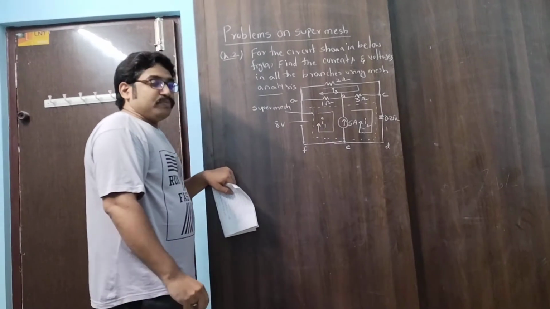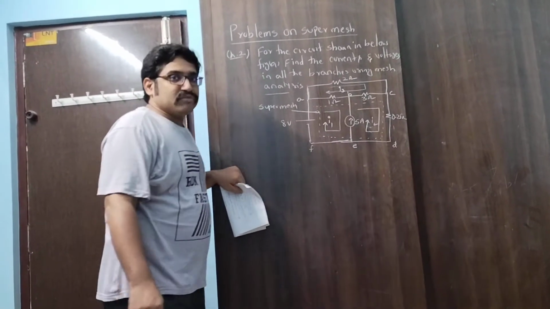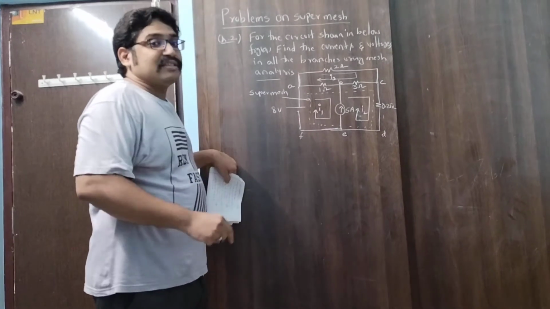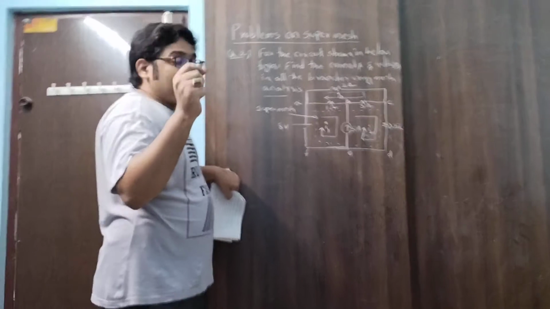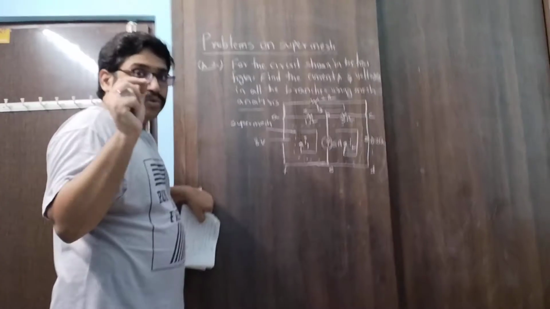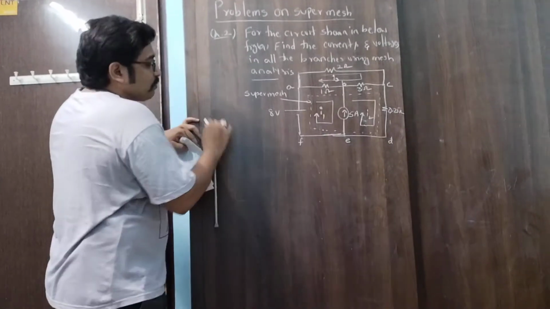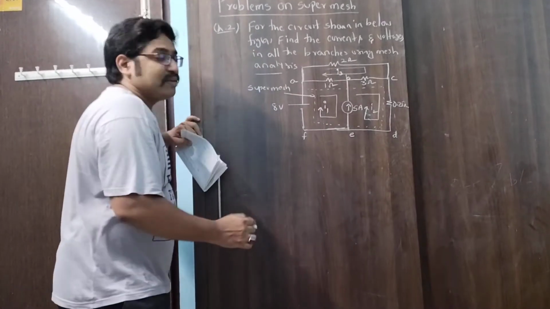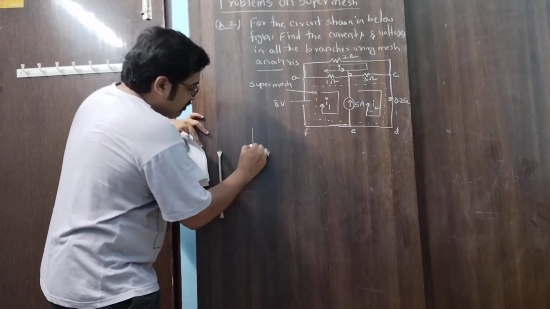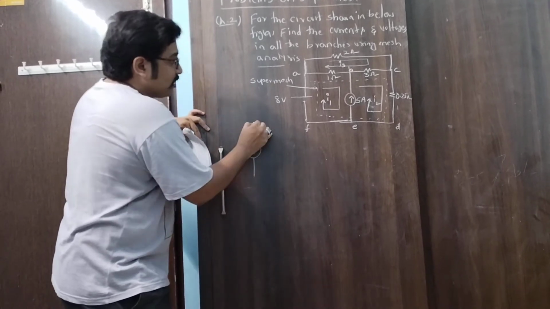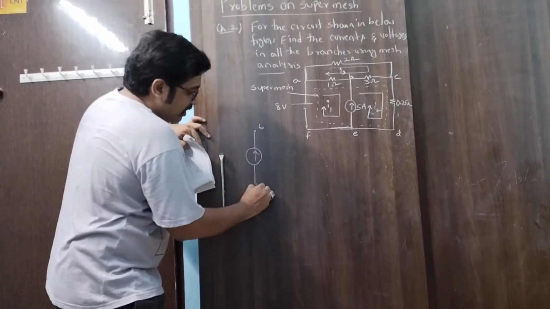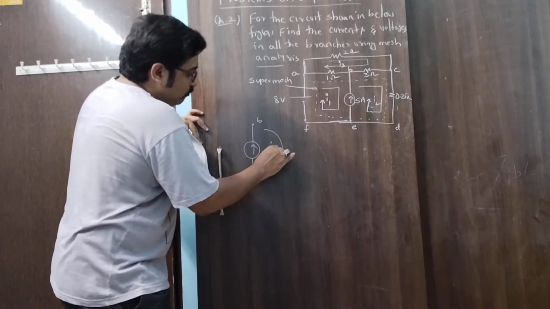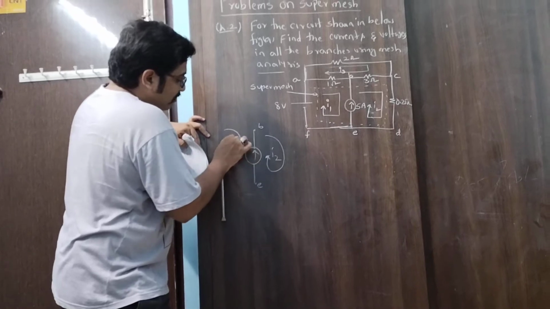Now, as I told you in my previous video, while solving problems on super mesh analysis, first observe the current source properly. You are supposed to write the equation for the current source first. Here, the current source exists between nodes B and E. The second loop current I2 goes like this, and the first loop current I1 goes like this.